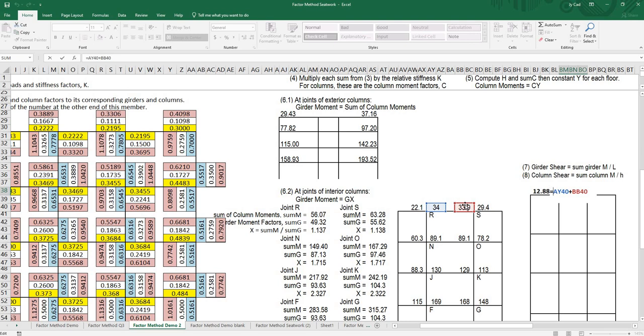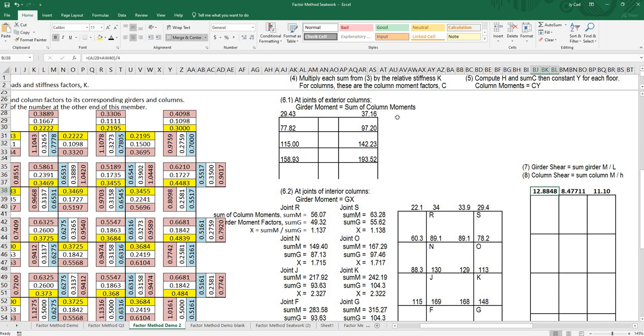Okay, so divided by 8, and finally at this end, that would be this moment for interior column plus 37.16 moment at beam near the exterior column. Yan. That's the correct term. Then divided by 6. 6 is the length. Okay, so let's check. This is 4, 8, and then 6.